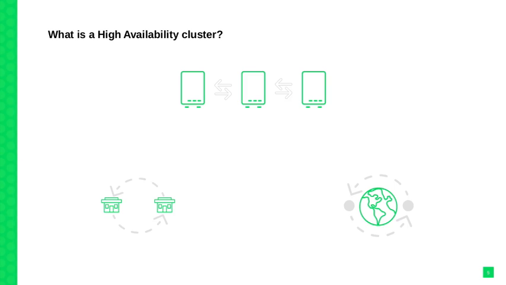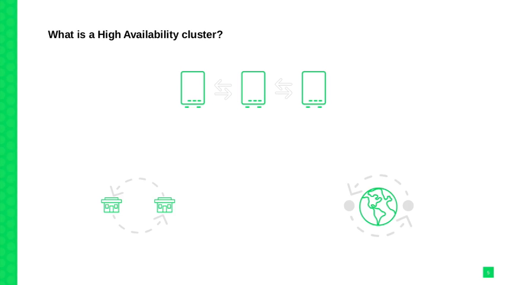The first level of HA cluster, the core cluster that I'm going to talk about and show here today, is a local cluster between two or more machines. These can be virtual machines, as I'm going to show you, or physical machines in a rack. They usually are in the same data center, so the interconnect, the network connection, should be fairly good.